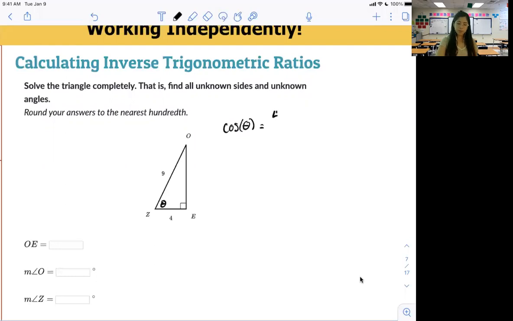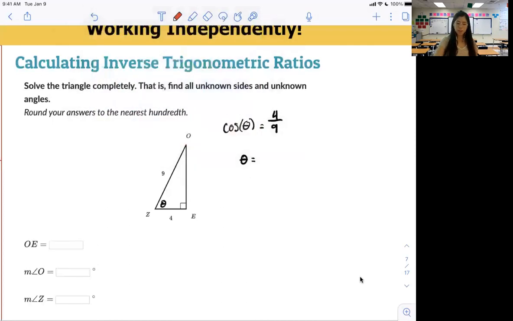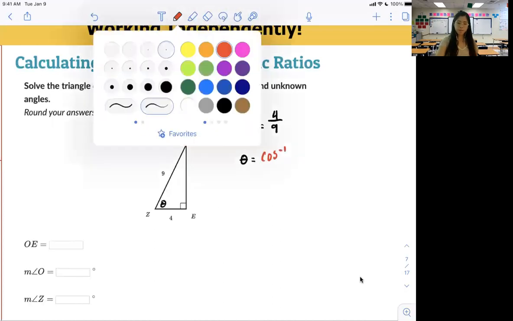So 4 over 9. If that's the cosine of theta, what do I do to 4 over 9? We take the inverse cosine. Remember, in order to get theta out of there, we got to undo the cosine. So I'm going to use the inverse cosine of 4 over 9.